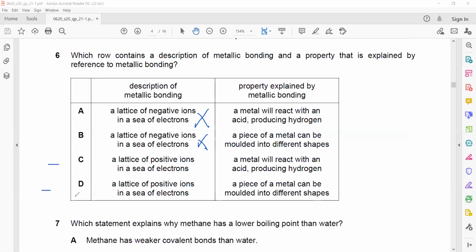So either C will be the answer or D will be the answer. But the property must explain the metallic bonding. So which property explains it? Because metals can be molded into different shapes or can be hammered into shape, metals are malleable.